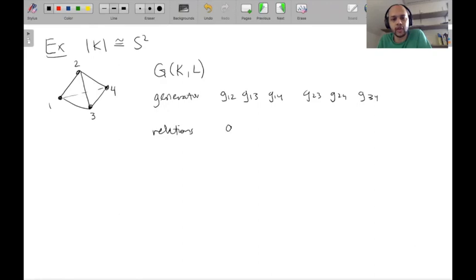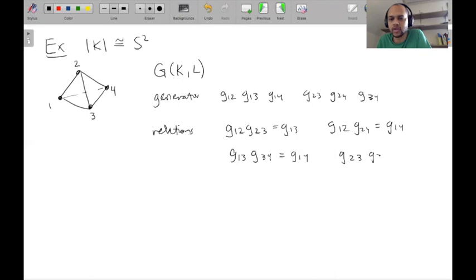There are 4 of those. So G_{1,2}G_{2,3} is G_{1,3}. G_{1,2}G_{2,4} is G_{1,4}. G_{1,3}G_{3,4} is G_{1,4}. G_{2,3}G_{3,4} is G_{2,4}.